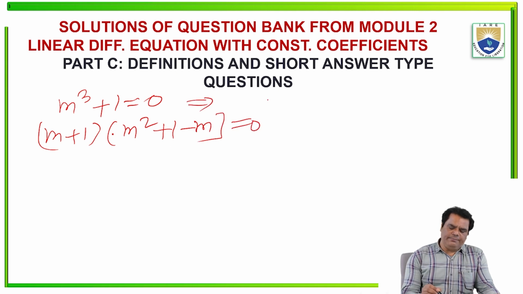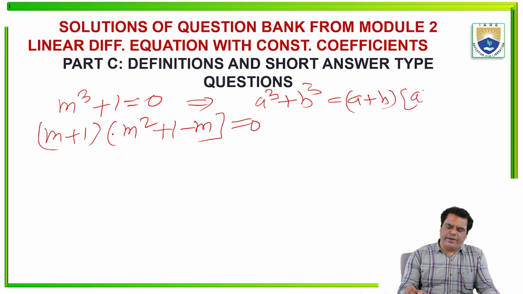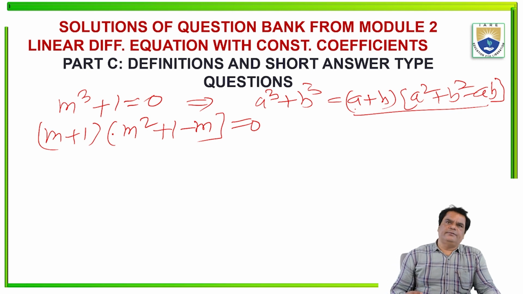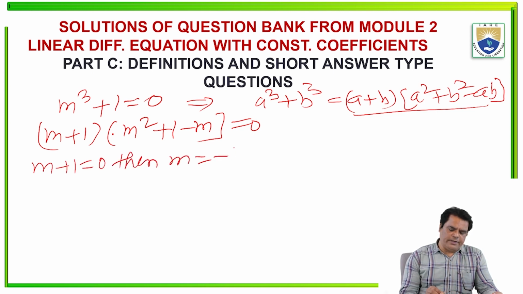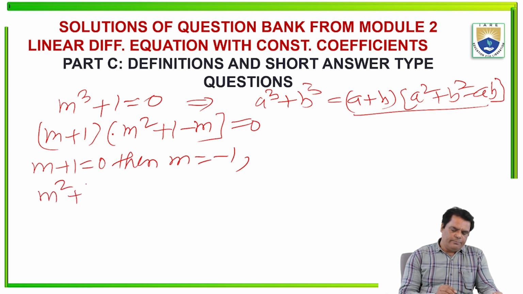Apply the formula a cube plus b cube equals (a plus b)(a square plus b square minus ab). This identity applies here. So first, m plus 1 equals 0, then m is minus 1. Next, m square minus m plus 1 equals 0.